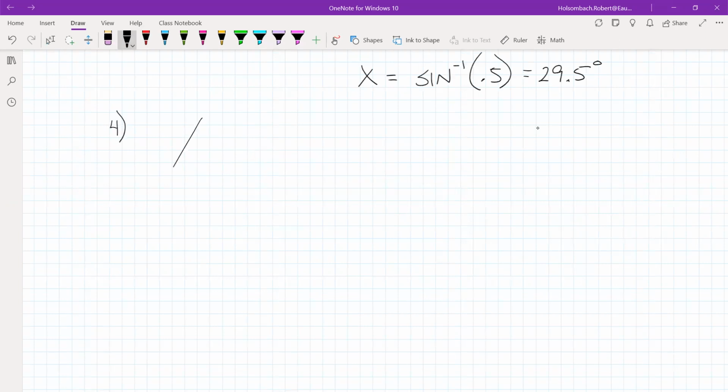Number 4. Angle G is 30. Angle E is 61. EF is X. And GF is 20.